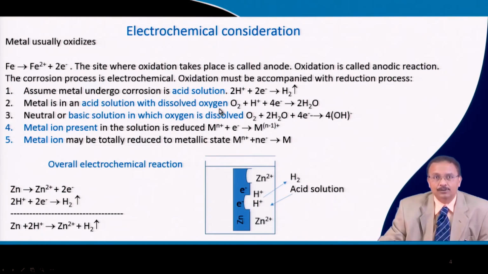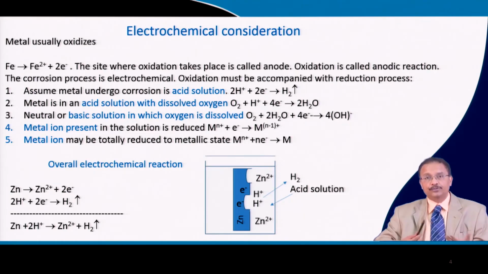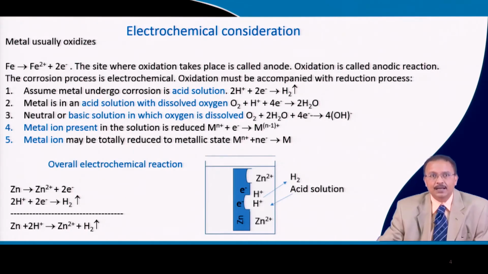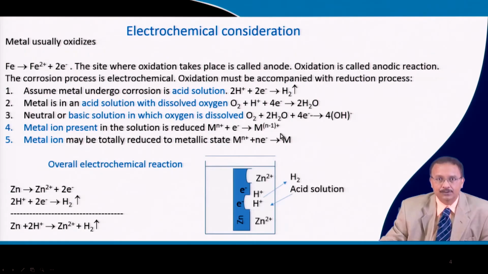Here oxygen, H2O molecule and the electrons will form hydroxyl ions. It is also possible that the metal ion present in the solution is reduced. So, M+ is reduced to metallic M, or it can reduce its valence. So, if it is M^n+, it becomes M^(n-1)+. Both types of reduction are possible.